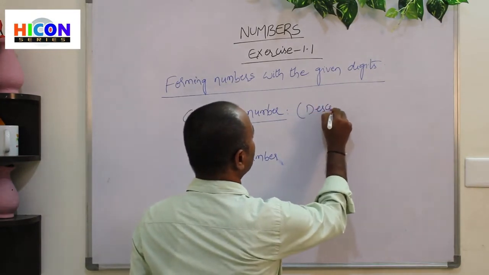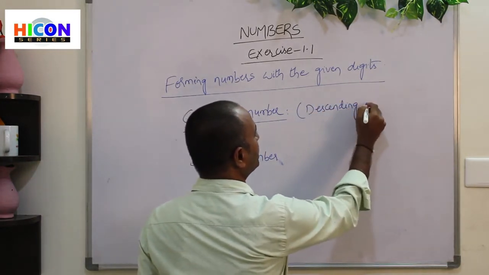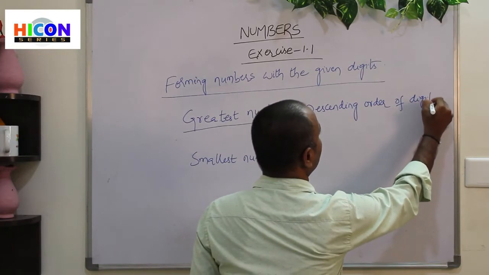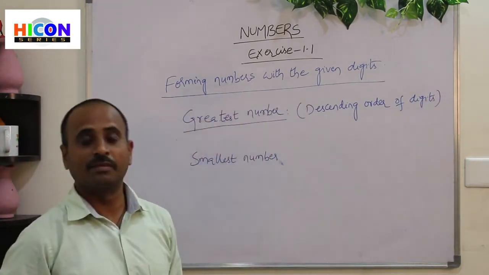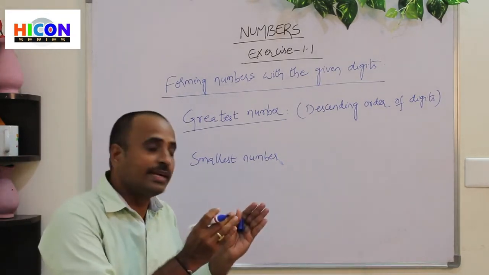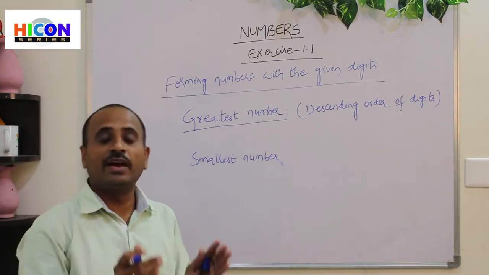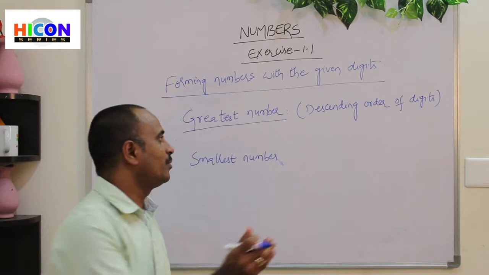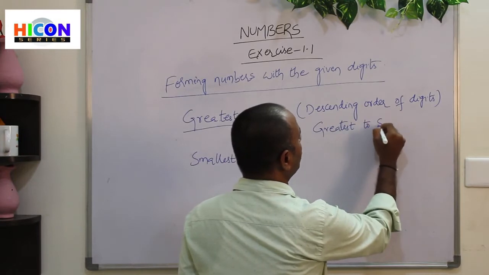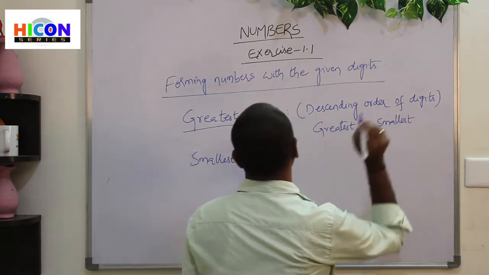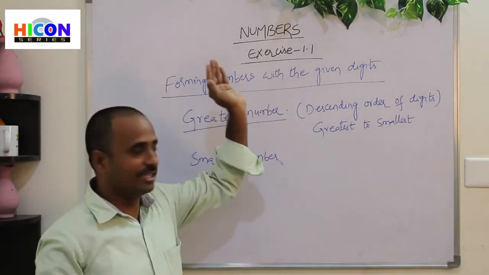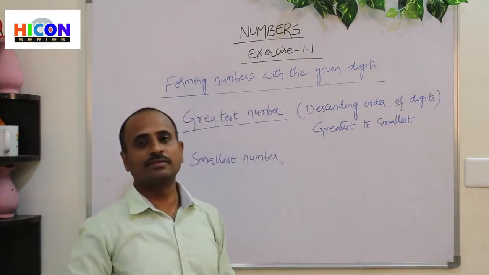That means if we arrange the given digits from greatest to smallest digit, then we will get the greatest number. So we get the greatest number by arranging the given digits from greatest to smallest.